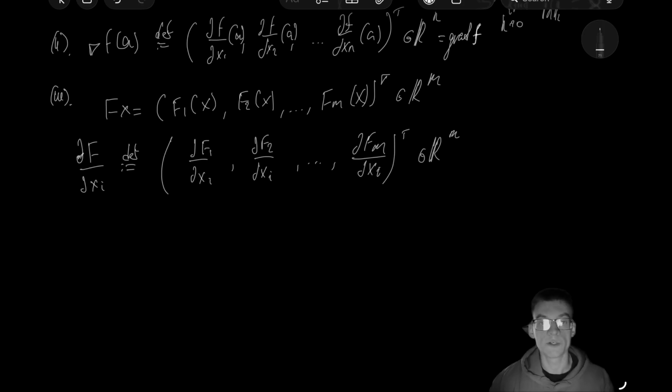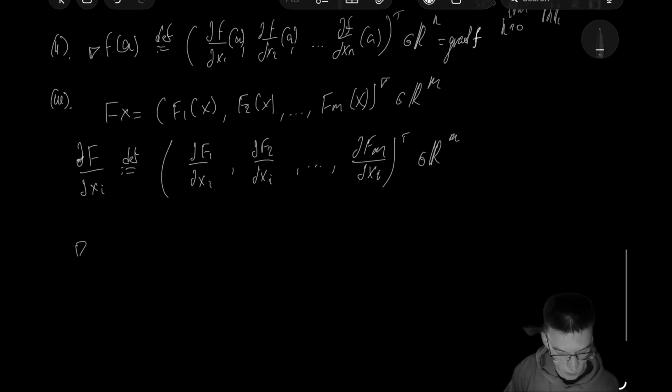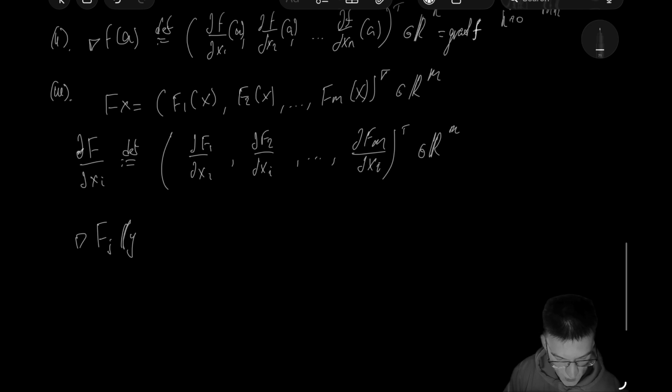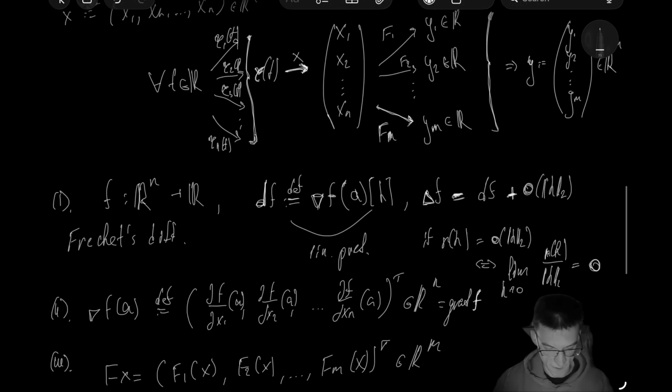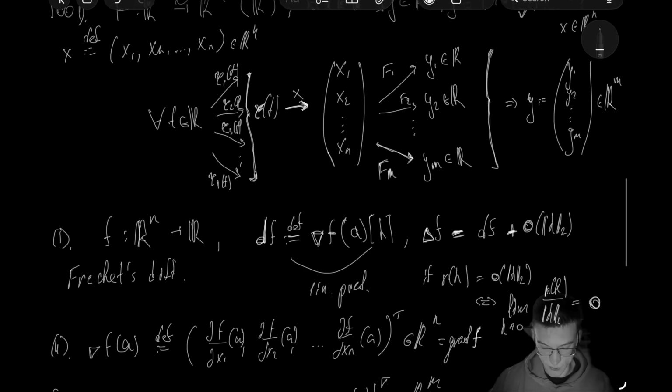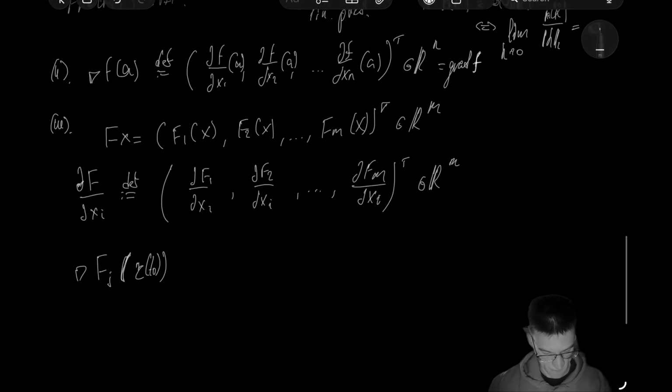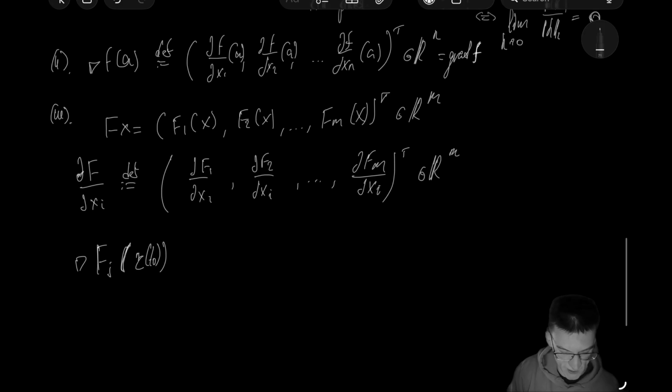What is even more interesting is that we can define the operator nabla in a similar way. Operator nabla for a particular fj with respect to, I'm going to call it not y, but gamma of t0. This is exactly what I defined earlier here. See, this is the gamma function because we consider the specific value of this specific scalar function. This is the scalar function which takes this vector, and we apply the operator nabla.